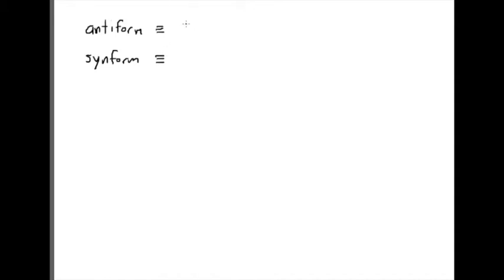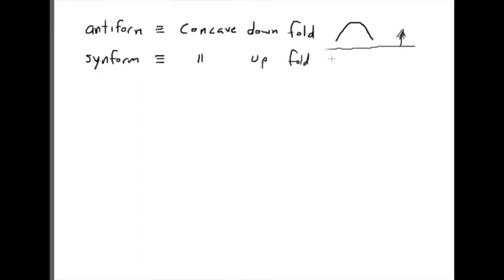An antiform is a concave down fold, a fold that has a shape like that relative to Earth's surface. So this would be the surface of the Earth. The synform is a concave up fold. So it's a fold that is that shape.